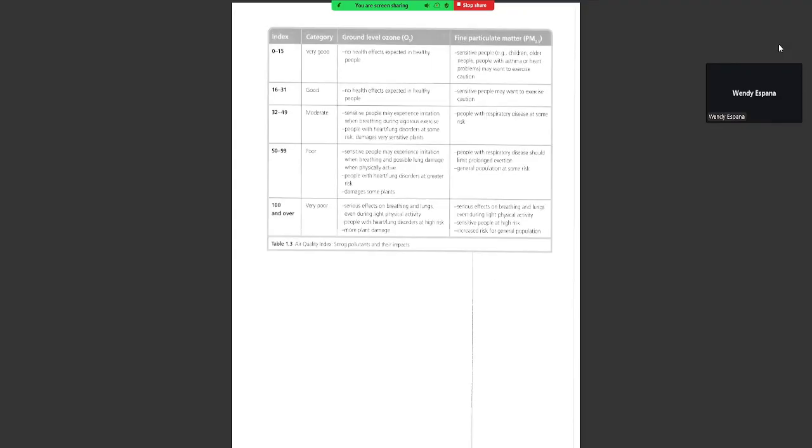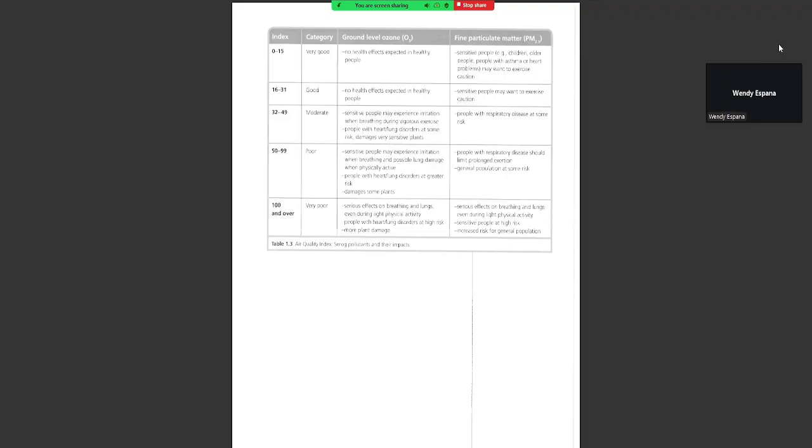Okay, here is another really good chart. It goes over what you're looking at in terms of ranges. And I like that. It gives us an idea of when we should be concerned. So we have the air quality index. Here is a chart showing the ground level ozone.